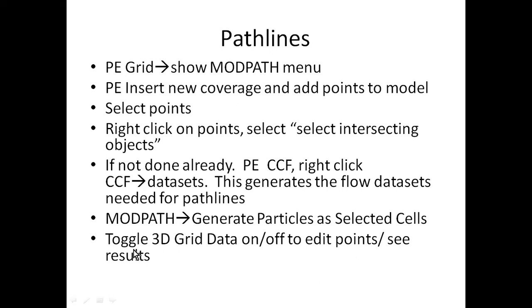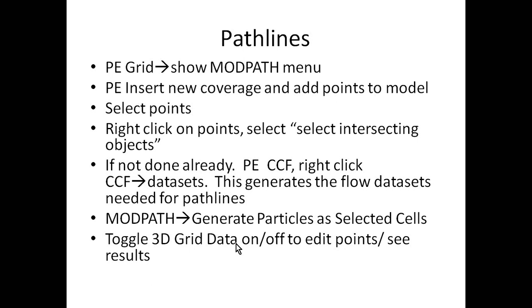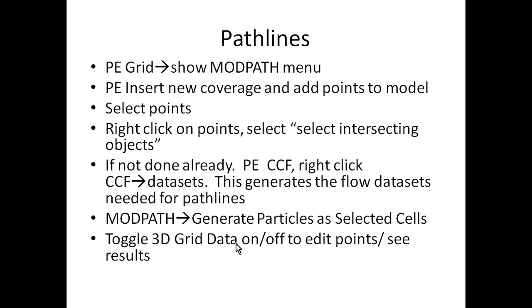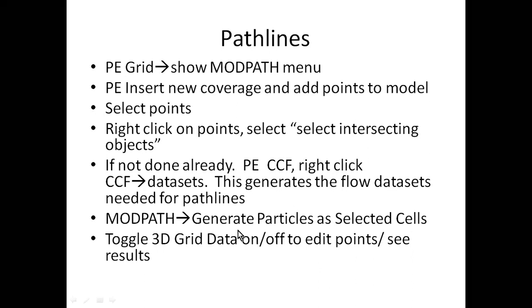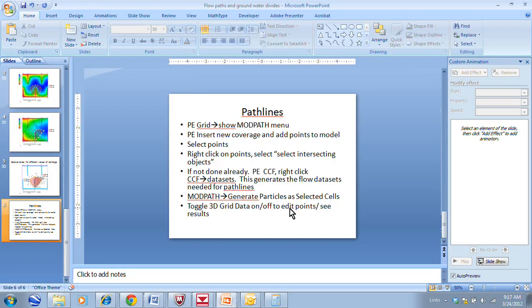And I'll often toggle between the 3D grid data being off and on. I usually turn it off when I put the particles on there, so you can see the particles, and then you need to toggle it back on so you can see the path lines. Okay, so that's how we'll do it. Let me give you a quick demo.